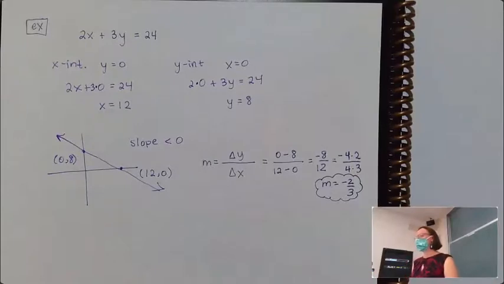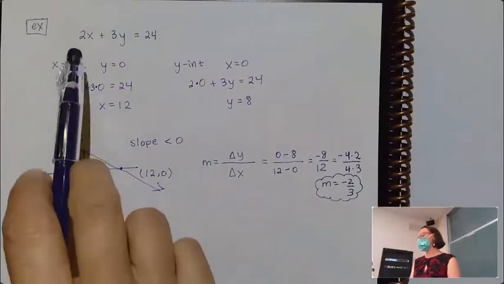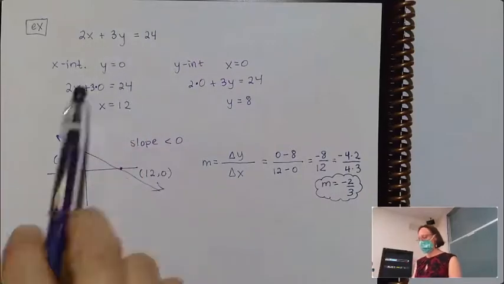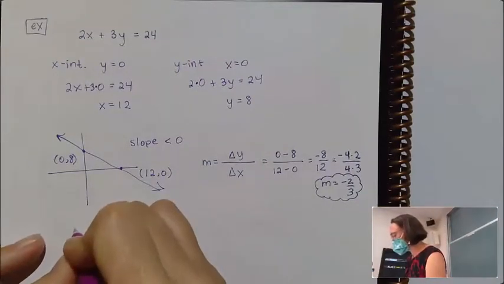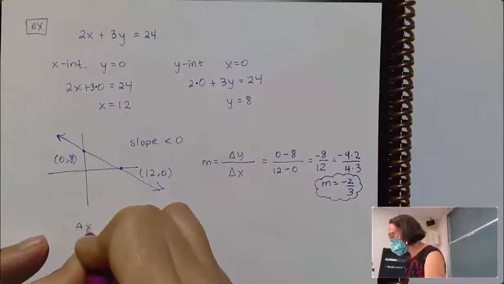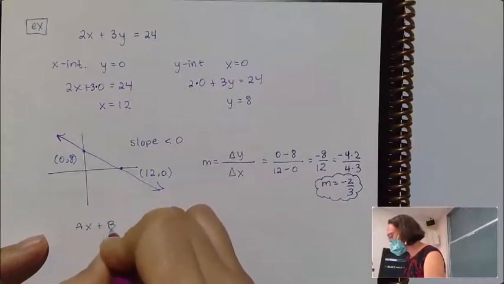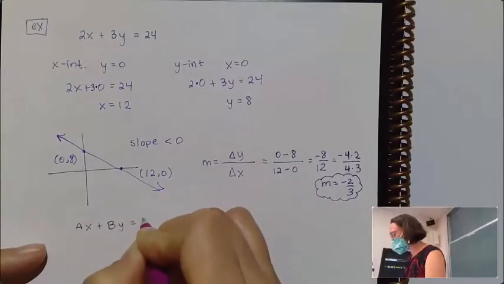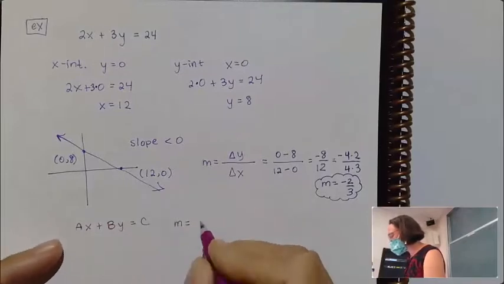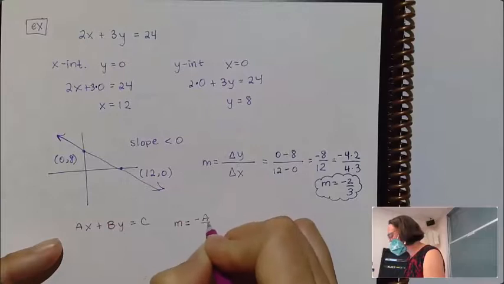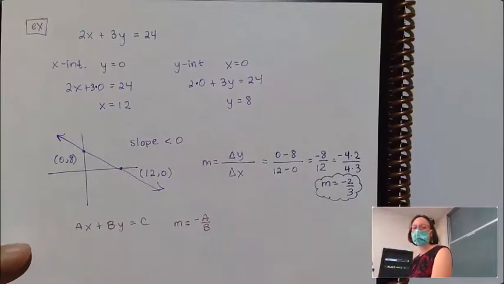Now, if you really, really like memorizing stuff, you can certainly memorize that when our equation is in standard form of ax plus by equals c, our slope is -a/b. But honestly, I do not recommend trying to memorize this.